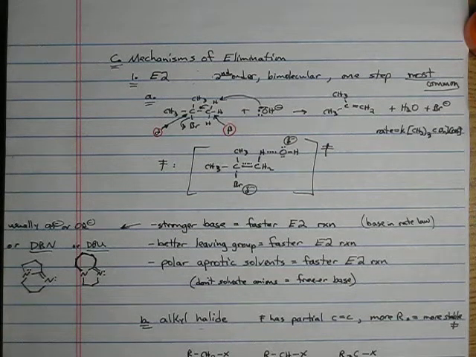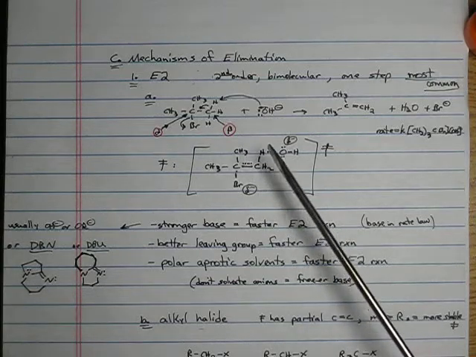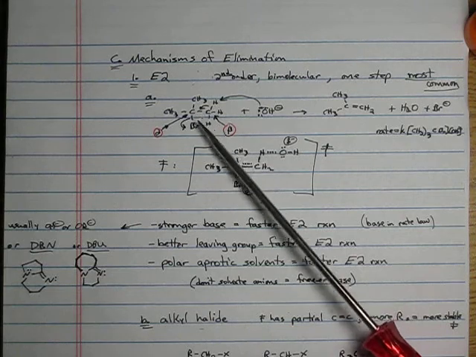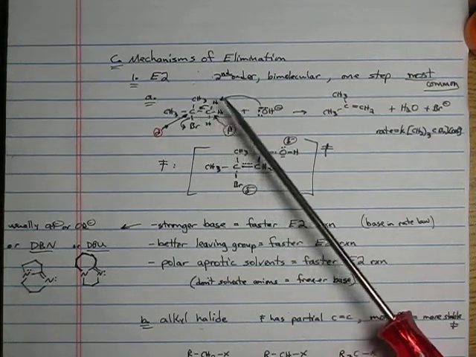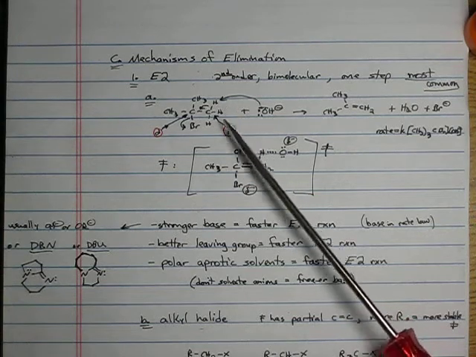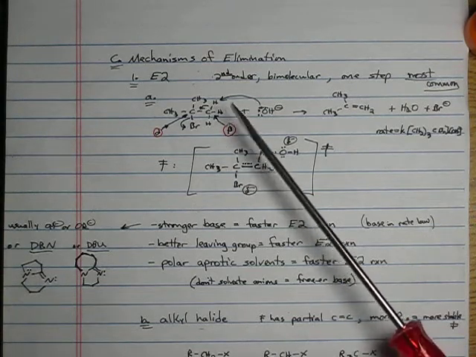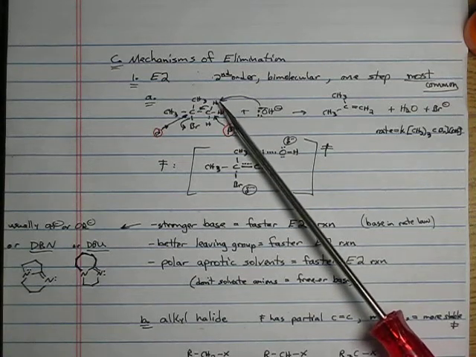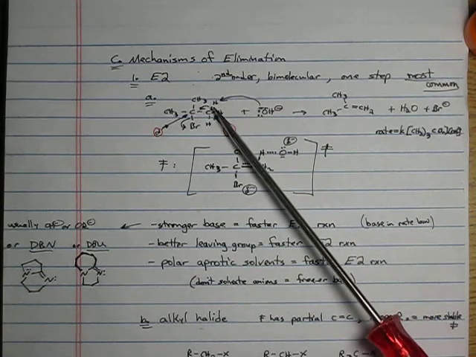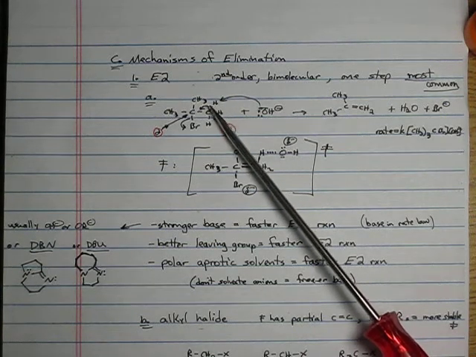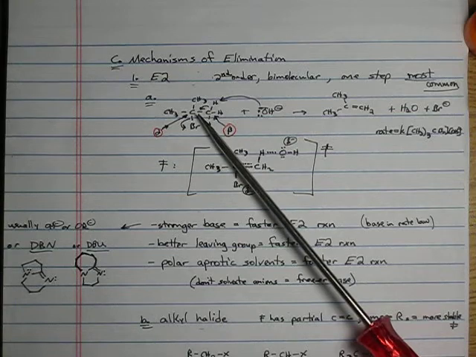Our standard example of the E2 mechanism: we have our molecule here, a carbon with a halogen on it, a CH3, and a methyl over here. This methyl is drawn out with the 3 hydrogens because I want to emphasize that this base is going to come in and take one of those hydrogens. The carbon-hydrogen bond breaks, and the 2 electrons of the sigma bond become the pi bond between the 2 carbons.